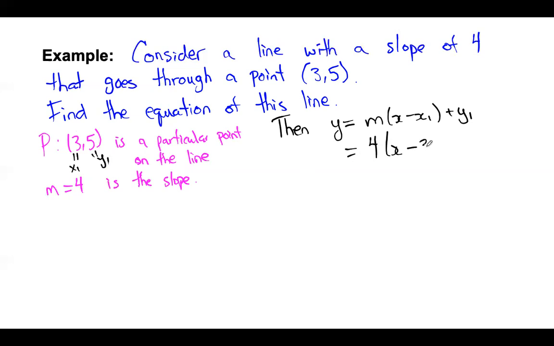So x1 is 3, plus 5. And this is the equation of the line. If you wish, you could distribute the 4 in, so it's 4x minus, and then 4 times -3, so -12, plus 5. You could group it together, but it's up to you.